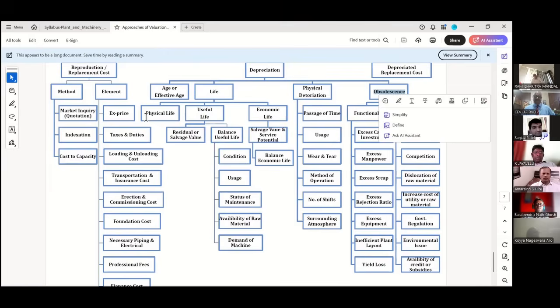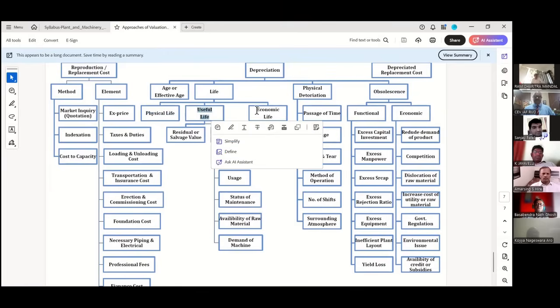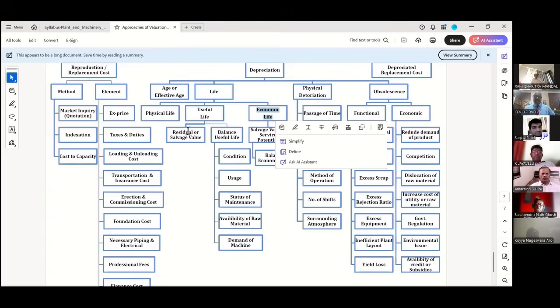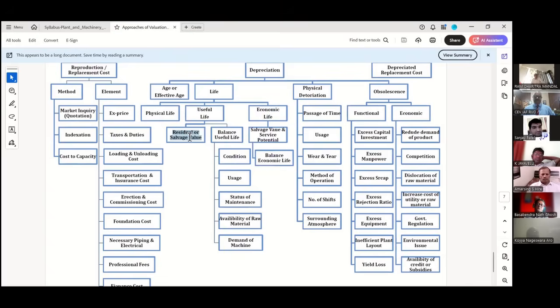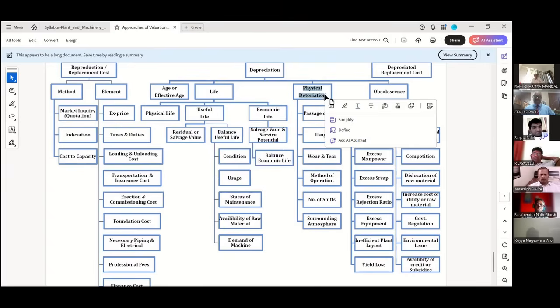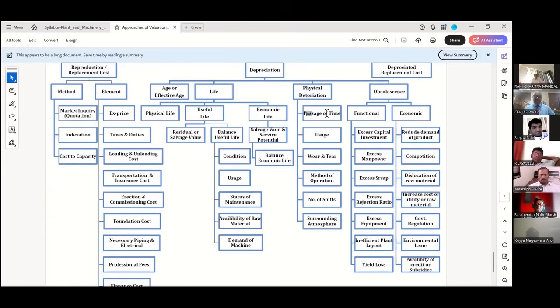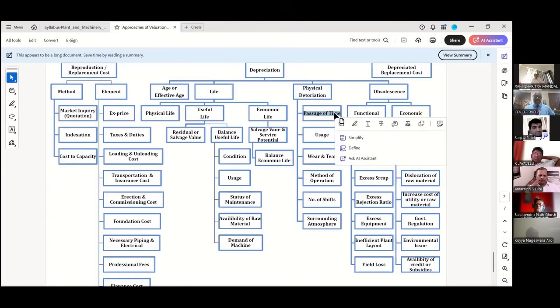We discussed the physical life, useful life, and balance economic life. You consider the useful life, salvage value and balance useful life for the calculation of depreciation. Then why is there physical deterioration in your asset? First, due to the passage of time.